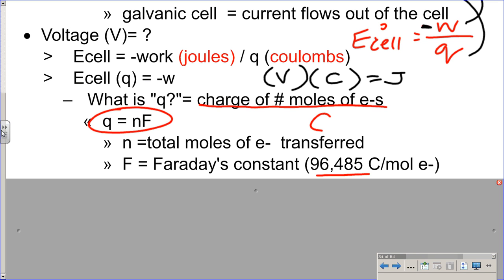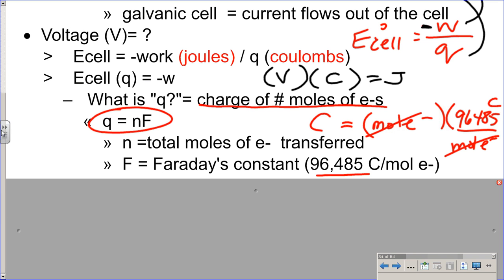So Q, which is coulombs, is equal to moles of electrons, our N, times the Faraday constant, 96,485 coulombs per mole of electrons. You can see mathematically, through dimensional analysis, the moles cancel, which gets you the coulombs you're looking for.